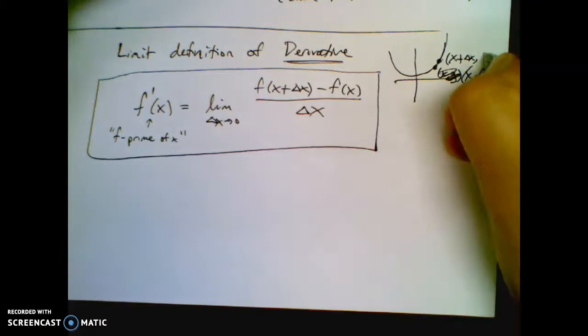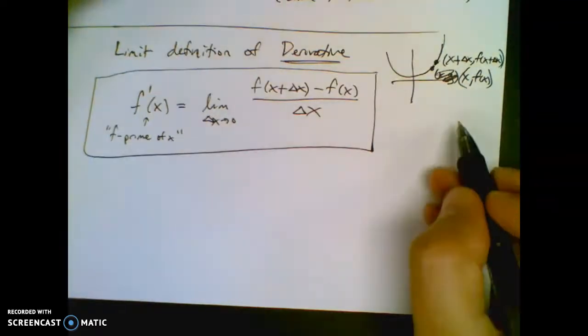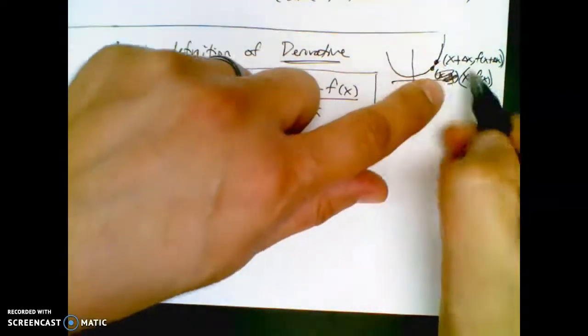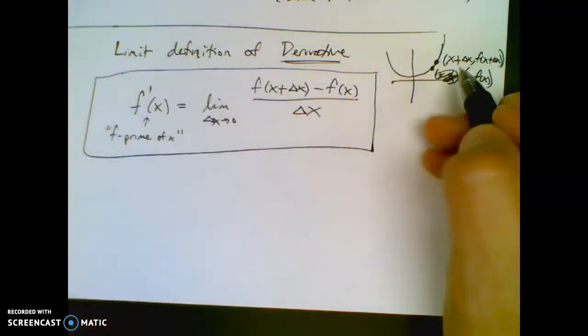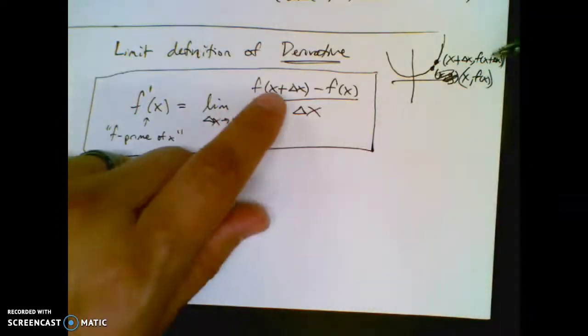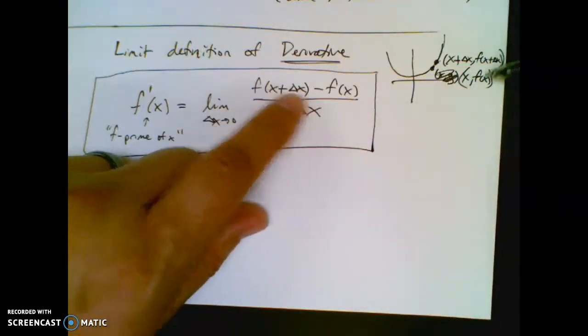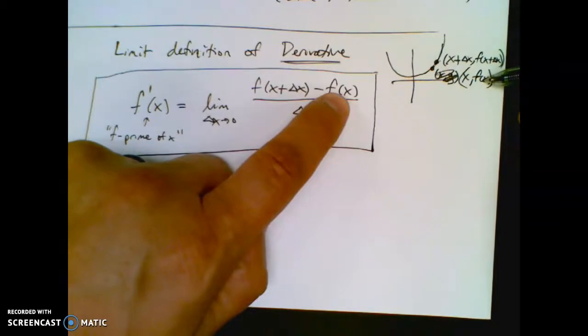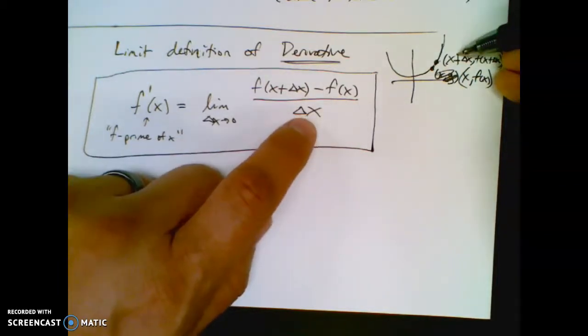What would the y be? F of x plus delta x. So if these are my 2 points that are super duper close, and you have to imagine them closer than that, I would take y2 minus y1 over x2 minus x1.